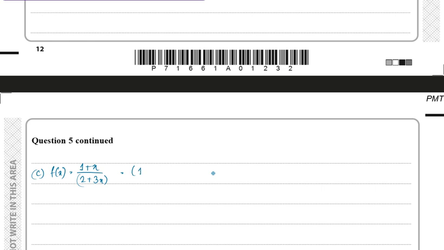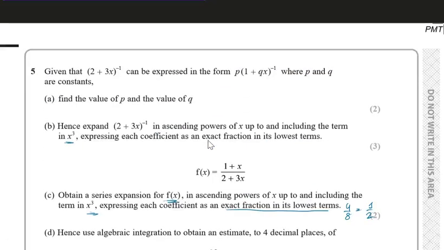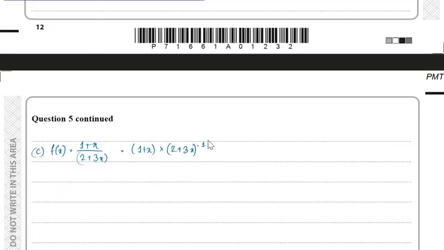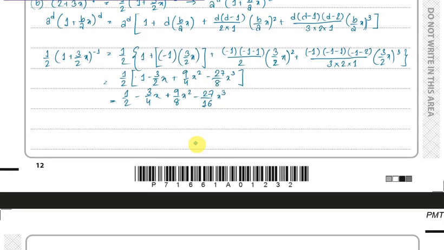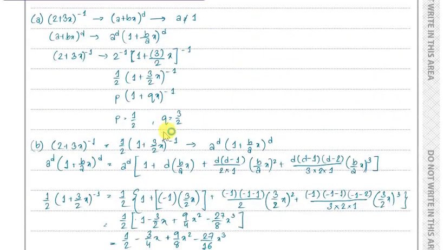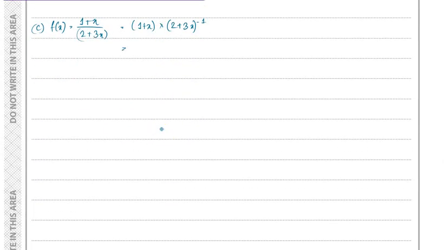So in the multiplicative form, this can be written as 1 plus x multiplied by 2 plus 3x to the power minus 1. Right? So we already know 2 plus 3x to the power minus 1 is actually equals to half minus 3 by 4x plus 9 by 8x squared minus 27 by 16x cubed from part B. So we can just write it here.